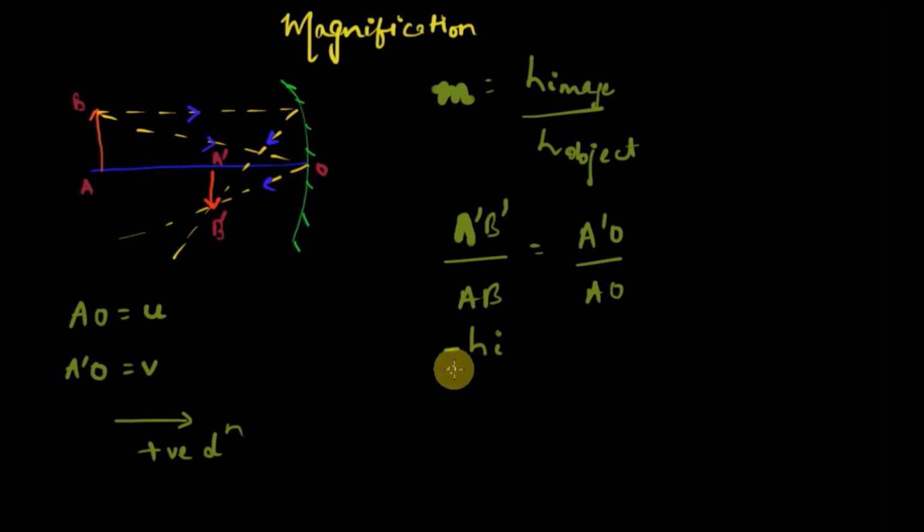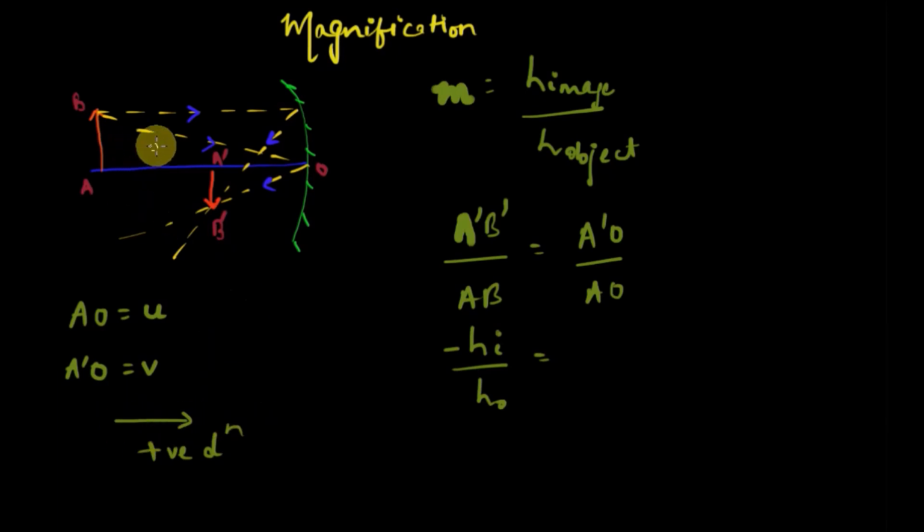AB is the object, and it is on the positive side of the axis. So let me call it HO. A dash O, as we can see, is v. And what will be the sign of v? The sign of v will be negative, because the positive direction is along the direction of the incident ray.